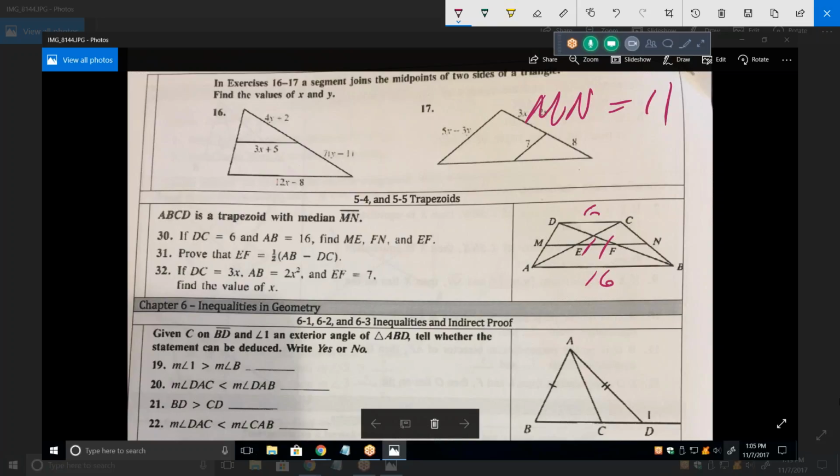What else do we know for sure? They didn't call this an isosceles trapezoid. So I'm not even sure we know that AC is equal to DB.